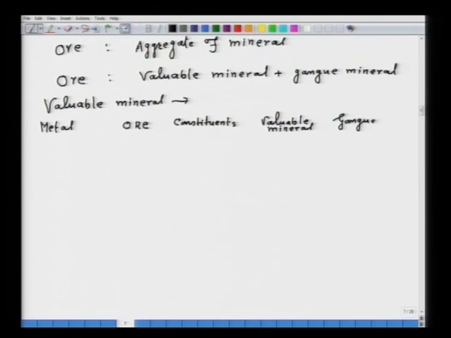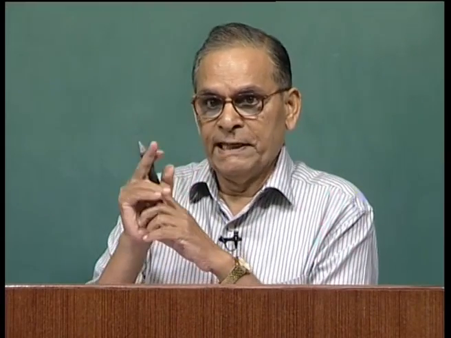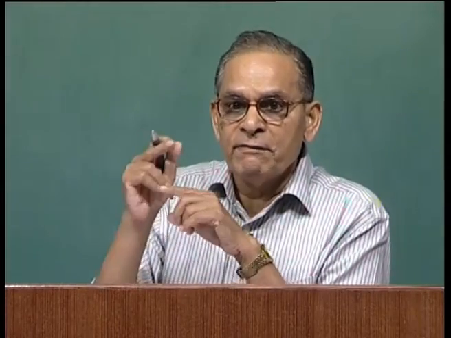Now, gangue mineral, gangue it is called because it is a waste. Remember, when I say it is a waste, it is waste with reference to the metal in which I am interested in production. Otherwise, gangue is also a mineral. So when I say gangue is a waste, I mean that for production of that particular metal, rest all is a waste with reference to that particular metal.